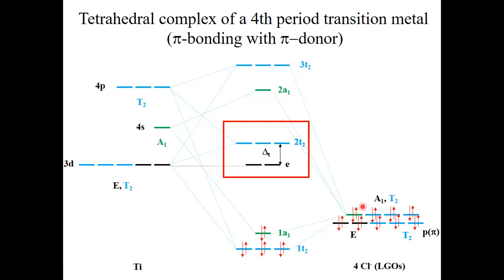Now let's combine the respective molecular orbitals. The interaction between these E orbitals will move these formerly non-bonding metal d orbitals up, and we would create a bonding pair of E orbitals as well.